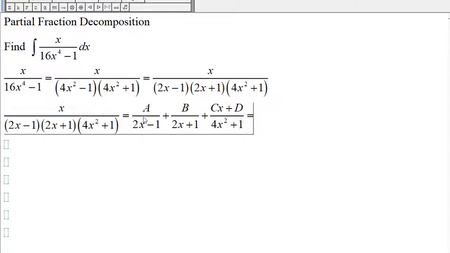And then to combine these three expressions right here, we can use the common denominator. So these three factors are distinct, so the common denominator would be the product of all three.